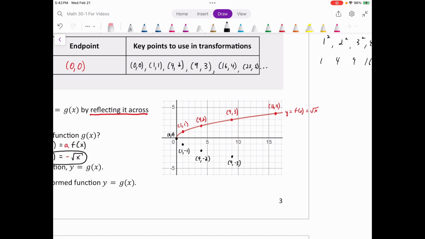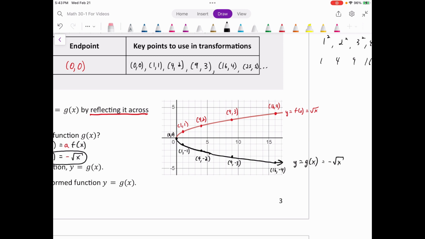Multiply that y value by negative 1, we get 16, negative 4 as the corresponding image point. We can get a pretty good idea of the shape of our graph now, right? Looks something like this. I'm always bad at drawing the parabolas smoothly, but I did okay there. This would be y equals g of x, which was negative root x.